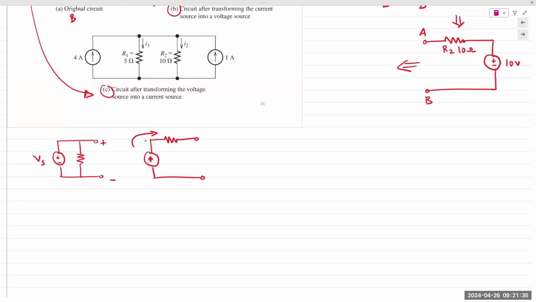By technical definition of the current source, if it's supplying 1 amp, it will supply 1 amp to a 1 ohm resistor, or a 1 mega ohm resistor. So we cannot accurately describe the internal resistance of a current source with the resistor in series. Hence, we put it in parallel. And parallel would show that some of the current coming out of the current source might be consumed inside that current source itself.